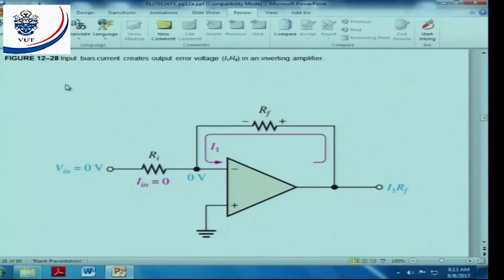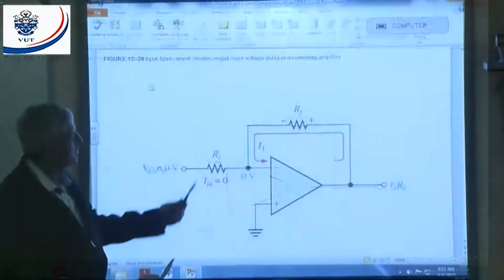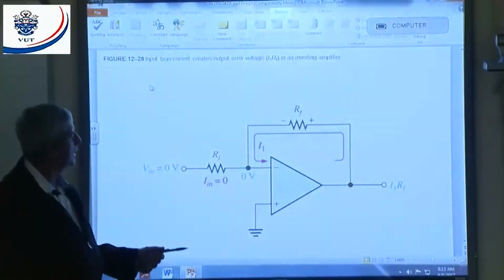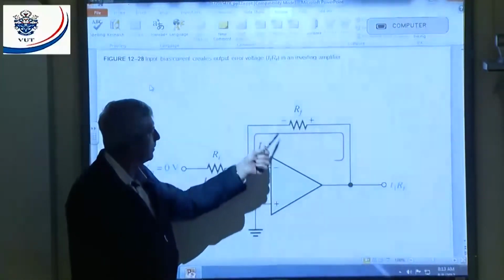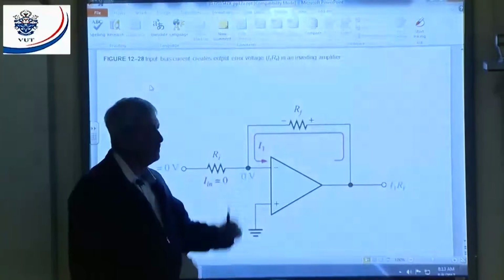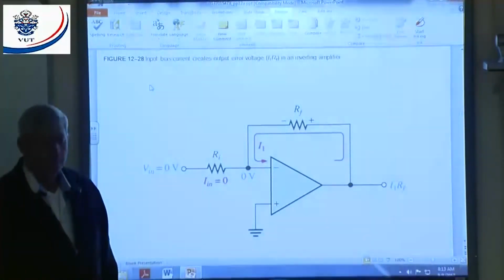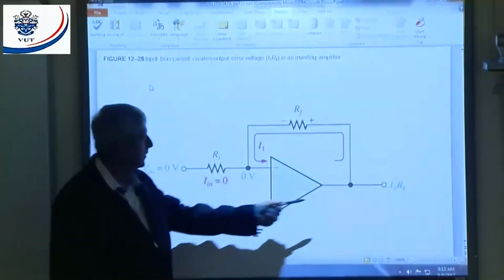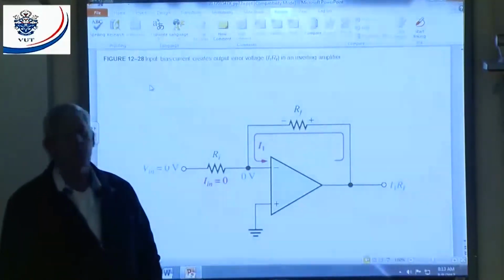In the case of the other two amplifiers, we can do the following. In the case of the non-inverting amplifier, they call this the compensating resistor. RC stands for the compensating resistor. We take RF and R in, and we get the equivalent parallel resistance, and that will be equal to my compensating resistor, all right?